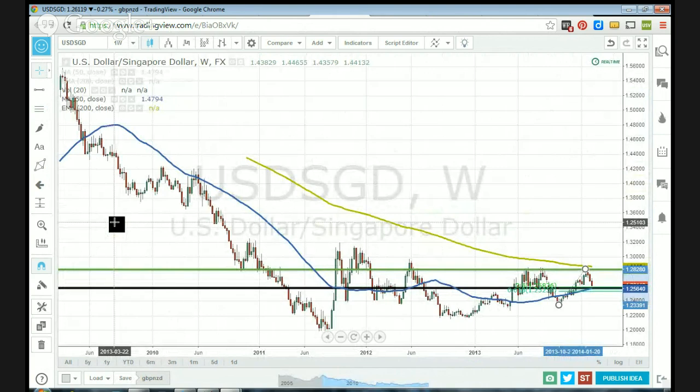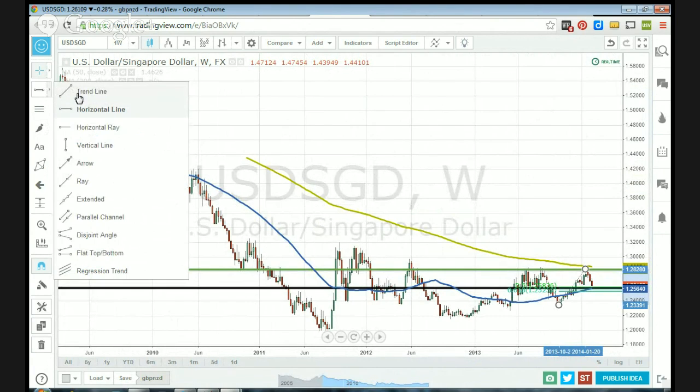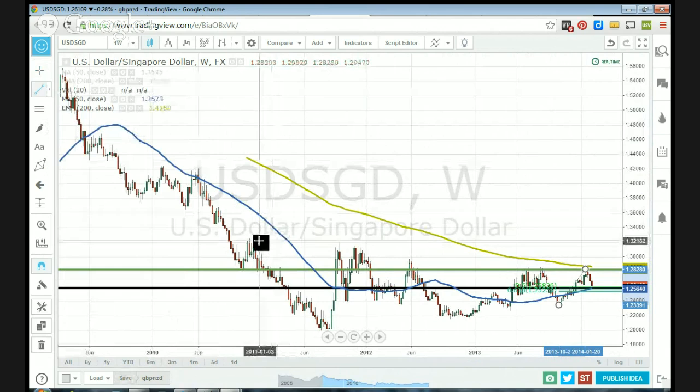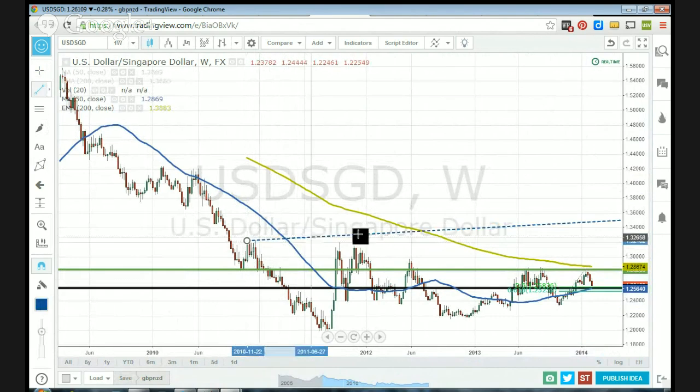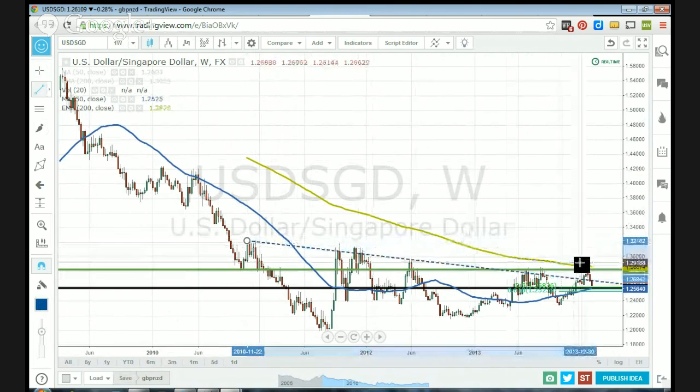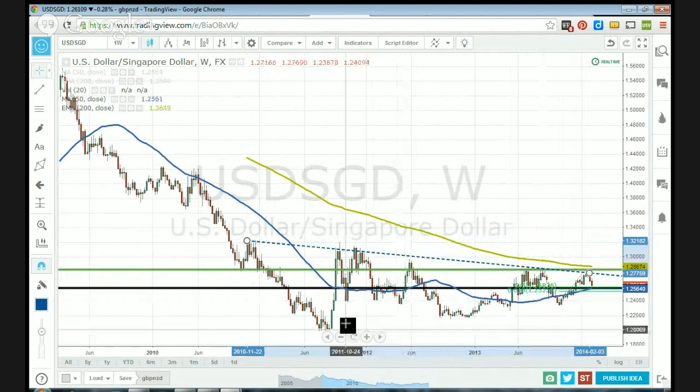Okay, this is a little, well, let's draw a trend line here. Okay, so you can see there's that trend line here, and from the bottom.